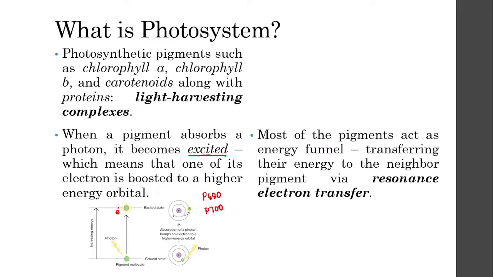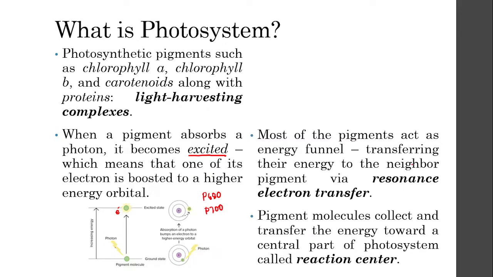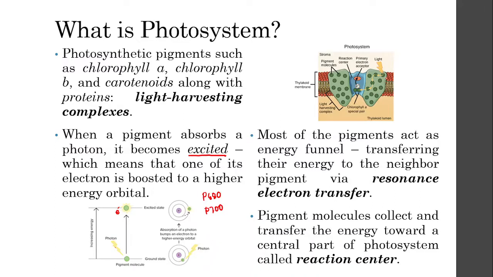The rest of the pigments, when they receive a photon, or light energy, transfer the energy itself, not their electrons, via resonance electron transfer, until such a time that it reaches the reaction center. These are your pigments right here.